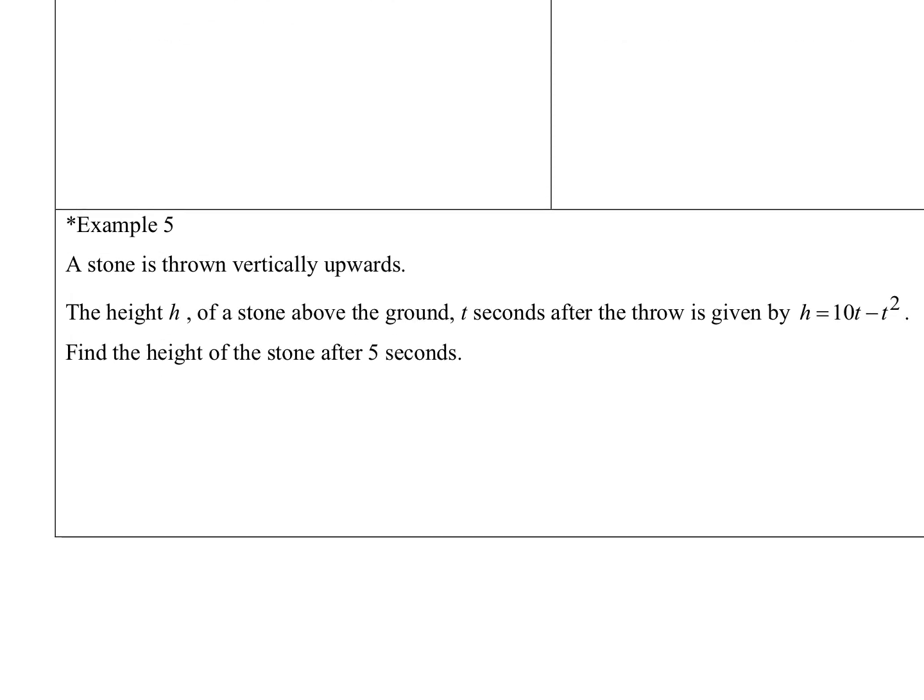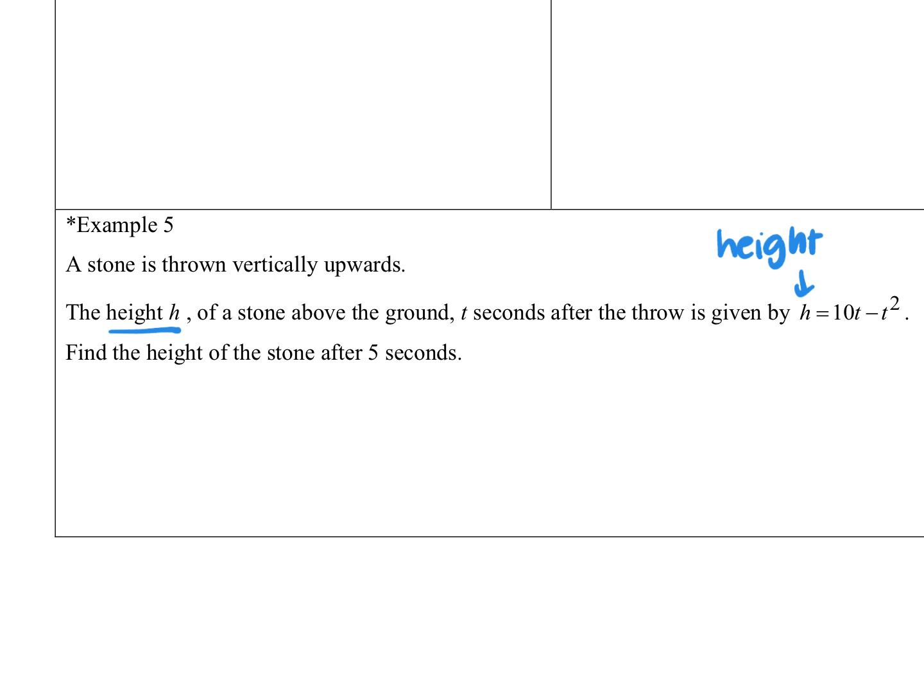This is a little bit of a problem sum, where you need to understand what the variables are and what they represent. Inside here, h is the height of a stone that is thrown above the ground vertically upwards, t seconds later.